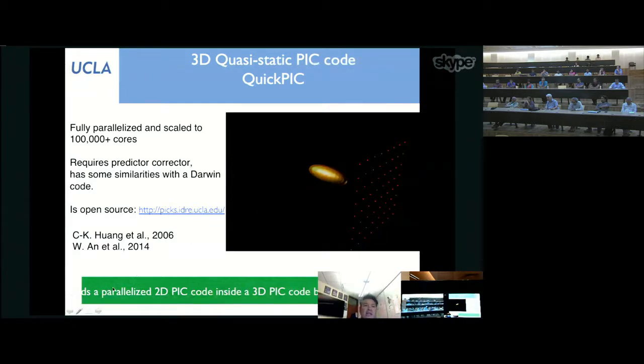Okay, so it embeds a 2D PIC code inside a 3D PIC code. So you load a bunch of plasma particles in front. They then are pushed back through the beam. Once they've moved through the beam, you calculate what the forces are in the wake field that cause the laser or particle beam driver to evolve, and then you push it forward a big 3D step and you repeat the process.